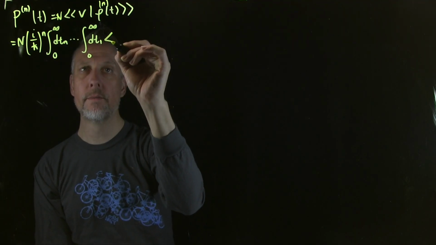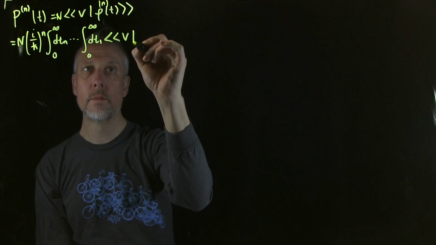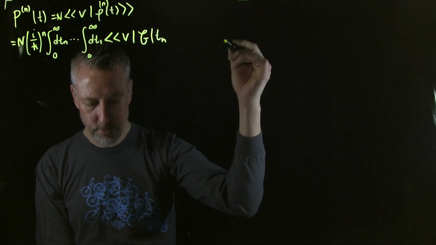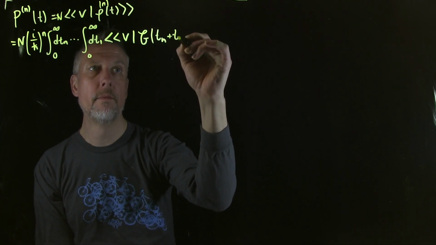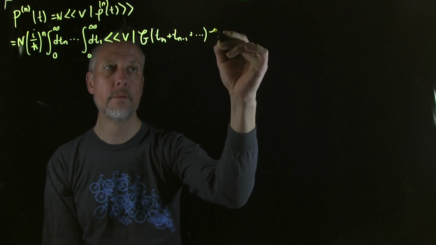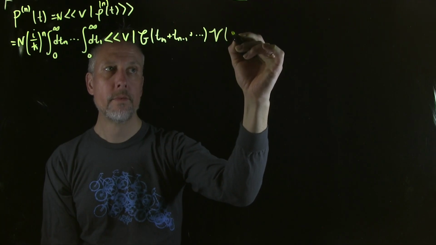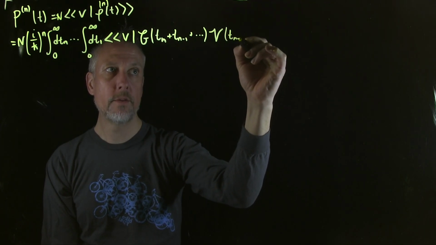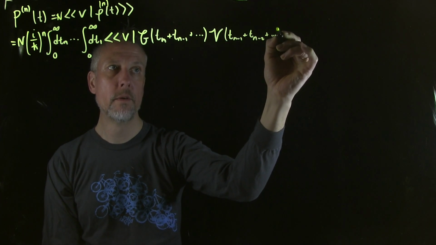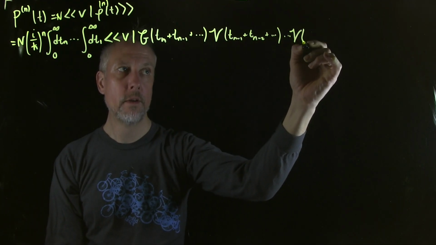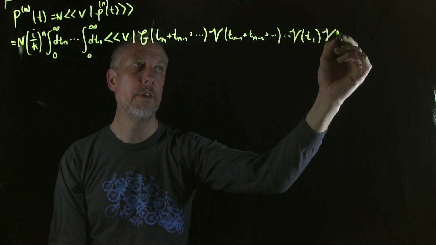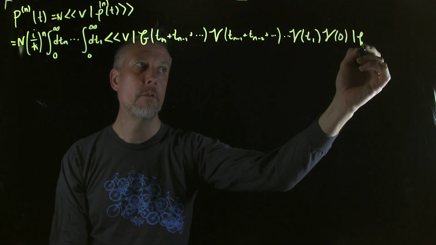Okay, so we have the V. We have the G, which is all the sums of all these times. We have all the V's. Remember how this goes: Tn minus 1 plus Tn minus 2 all the way down to T1, V of 0, and rho EQ.